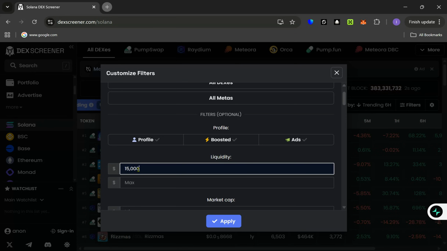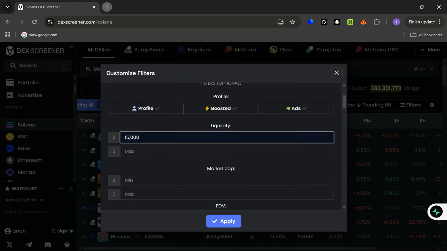For the maximum, I don't know what you wanted to put, but mostly I leave it blank because liquidity is not always that much. It doesn't say if liquidity is too high, don't buy the token, provided the liquidity is good, is locked, and then fine.